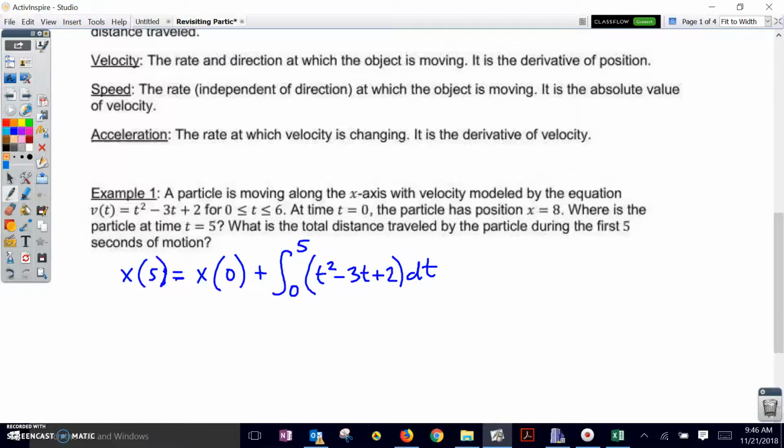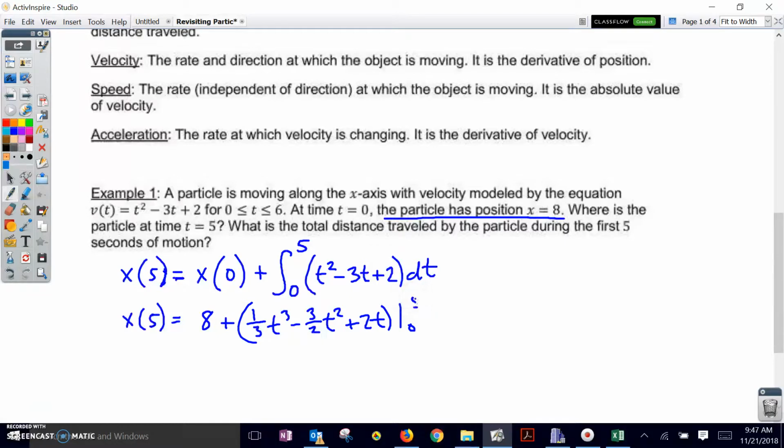And now we can just go ahead and calculate that. It's going to be the position at 5. It's going to be the position at 0, which we're told is 8. And then we need to just take the antiderivative and find this integral. So we've got 1/3 t to the third minus 3/2 t squared plus 2t, which we're going to evaluate from 0 to 5. And we'll go ahead and calculate that.